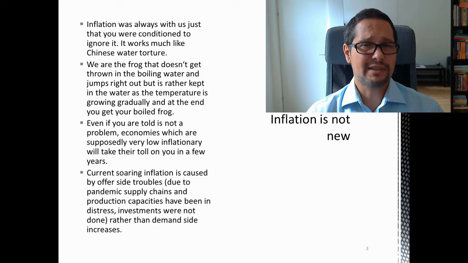However, I don't think that the demand is that much larger than it was before the pandemic situation. However, the problems are on the supply side because of the measures that governments took all over the world.